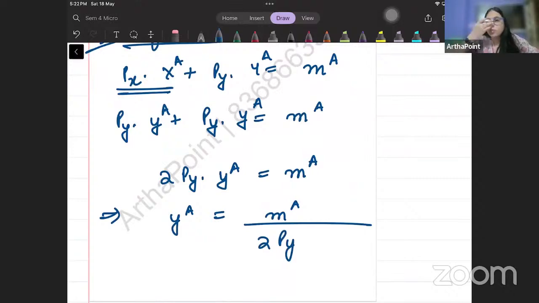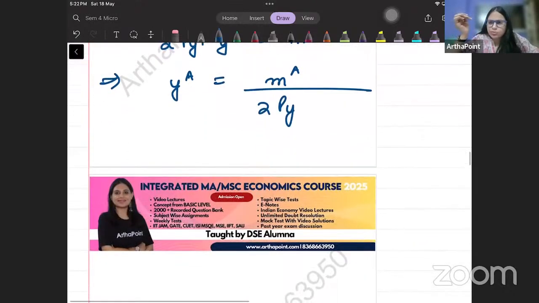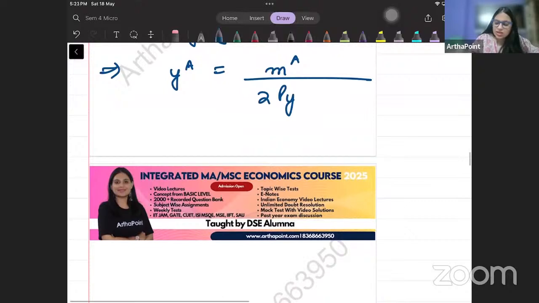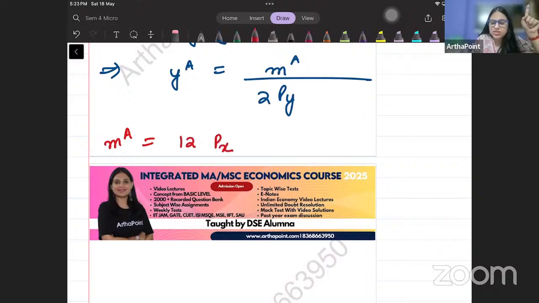m by 2PY. Now, if you remember, कैसे निकाल सकते हैं हम income of individual A बेटा? Income of individual A can be found out from his endowment bundle. What was the endowment bundle of A? 12 units of good X, each at PX, plus 12 units of good Y, each at PY. यही तो था.